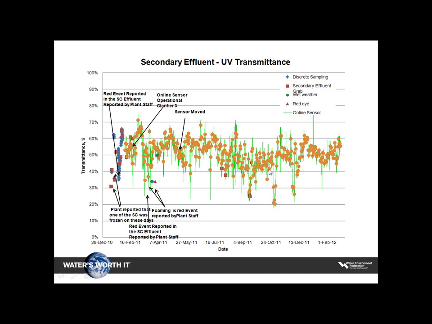The online data allows us to look at wet weather as well. We had red dye events, we had other things occur, and we can look at that very rapidly as time moves on to match this up with actual collimated beam data to assess how well the plant's doing and how these different impacts would impact the performance of the system.